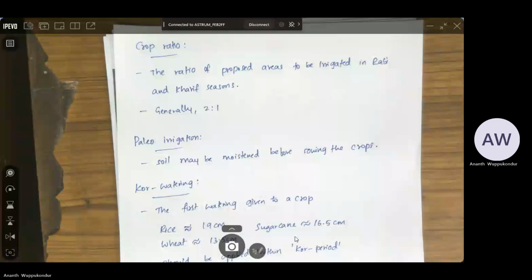So based on the requirement of irrigation, we can categorize them as dry crops and wet crops.